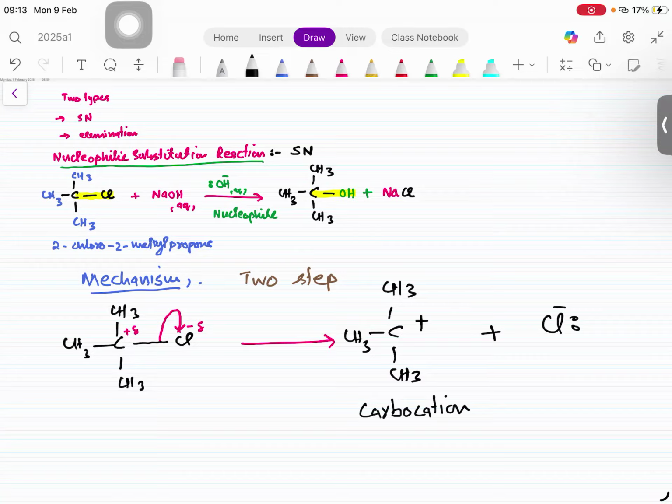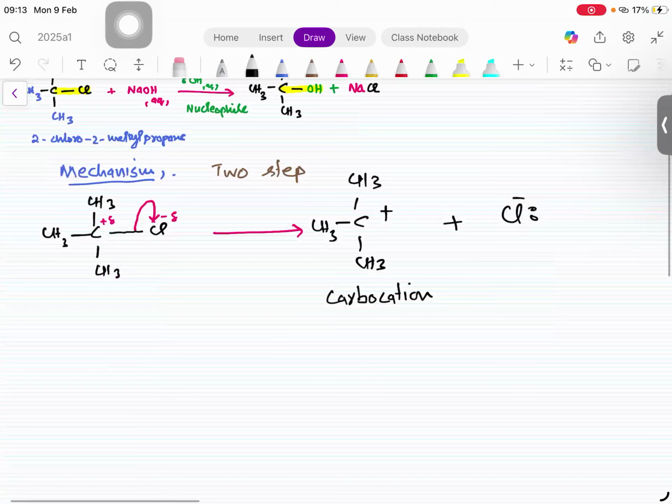But looking closely at this carbocation, I can see how many alkyl groups are attached, so it is a tertiary carbocation, and stable. Why? Because 3 alkyl groups give enough positive inductive effect to stabilize it for a while, since OH will soon approach this carbocation, but in the meanwhile it has to stay. So the carbocation formed is a tertiary carbocation.